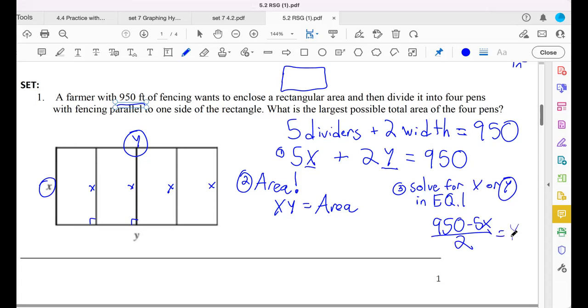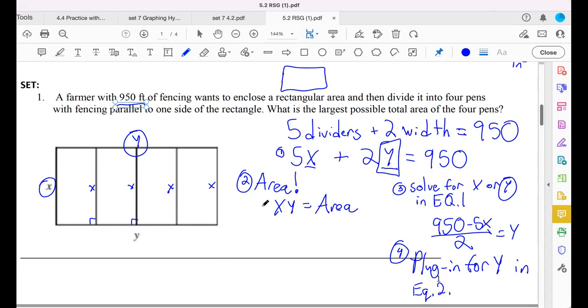So this now equals a form of y. Again, it's based off of this equation. And so the next thing you want to do is plug in for y in equation 2.